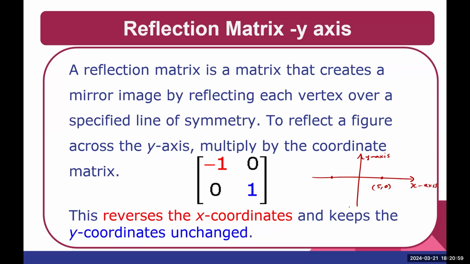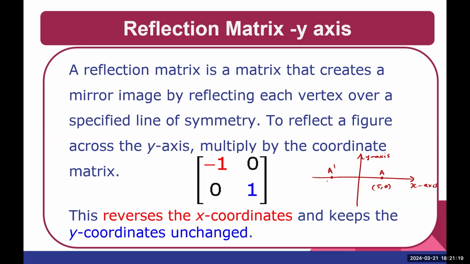Sir, can you repeat, sir? You're breaking up, sir. All right, so we have this coordinate. So let's just call this A. And the coordinates of A would be 5, 0. We want to reflect in the y-axis to get A prime.